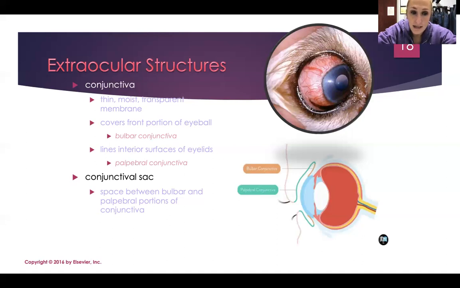Then try to look at your pets if they'll let you, so you can get this converted to your memory. The conjunctival sac is the space between the bulbar or eyeball and palpebral or eyelid portions of the conjunctiva. So kind of down inside here, that would be the conjunctival sac, that area between.